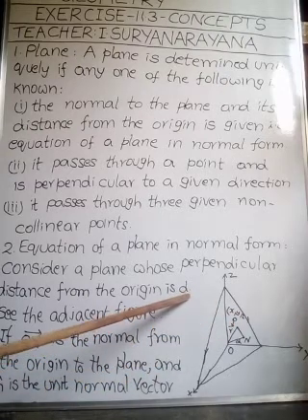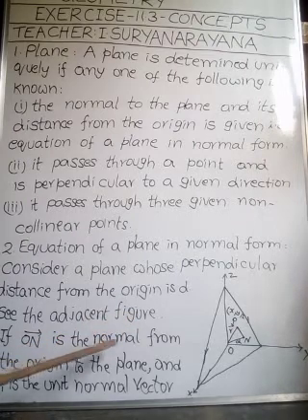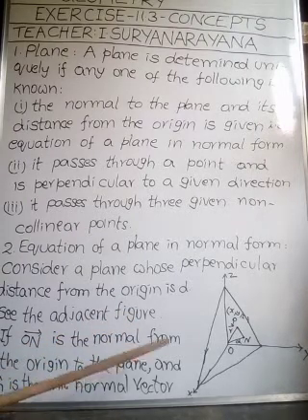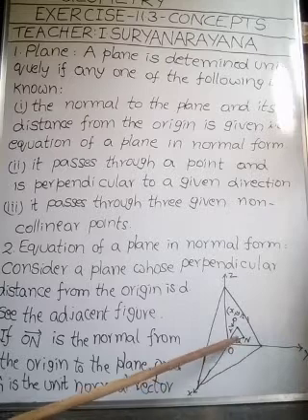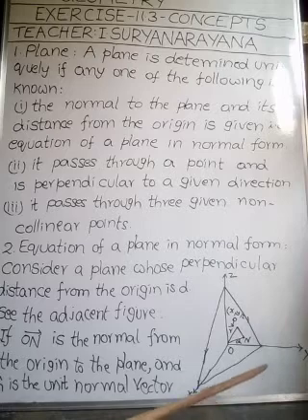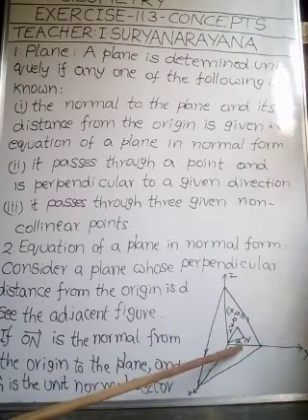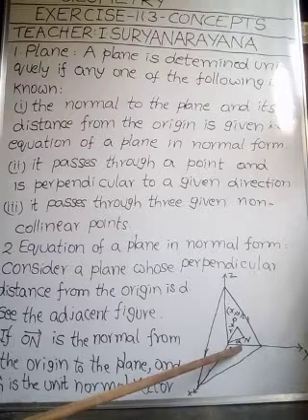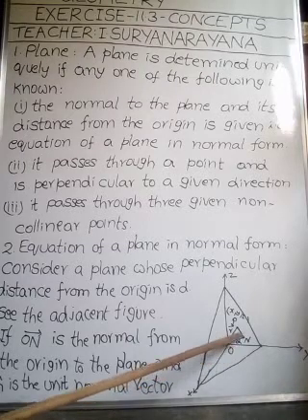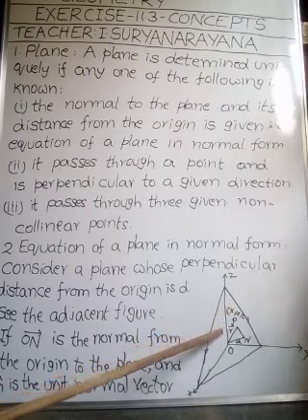Okay, my children. Understood this point? See the adjacent figure. If ON bar is a normal from the origin, here ON bar is a normal. Normal means it is a perpendicular from the origin. So, modulus of ON bar is nothing but the small letter d. Understood this point, my children? ON bar is perpendicular to the plane from the origin.